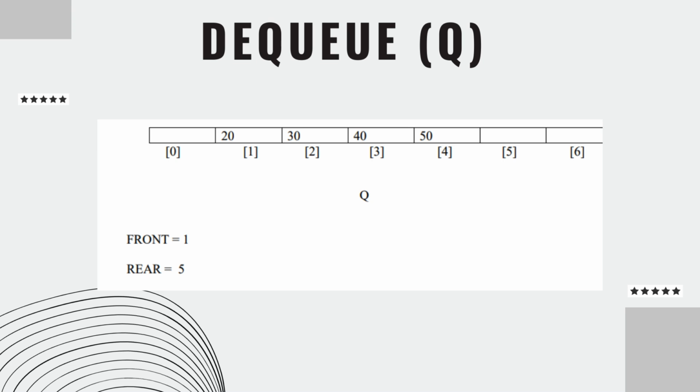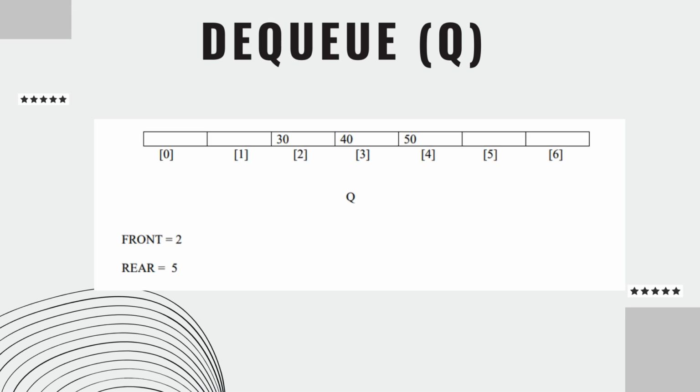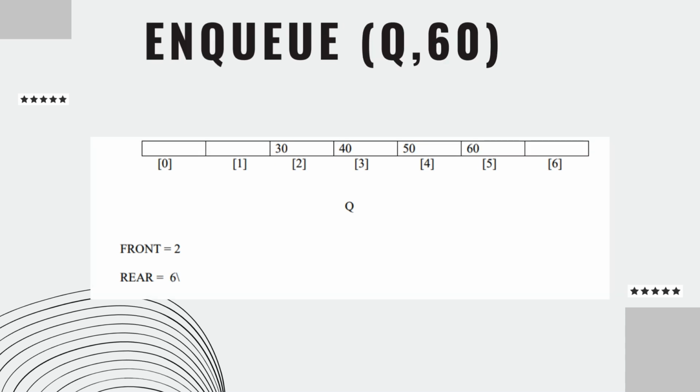So the front value would be 1 and rear is 5. Okay, they asked to dequeue again. If we delete another value, the front will be 2 and rear would be 5.